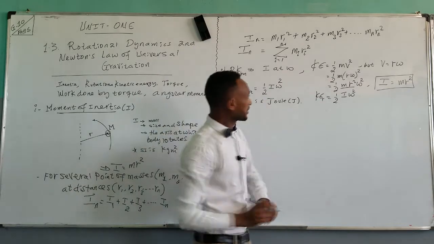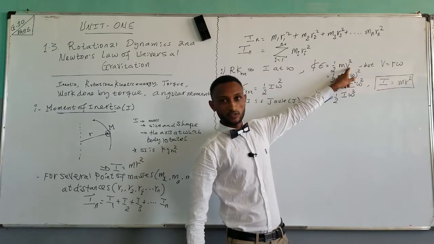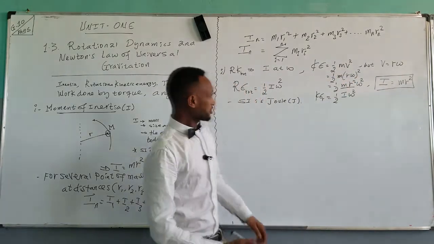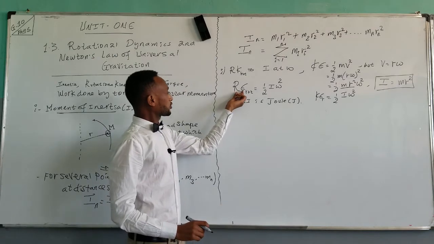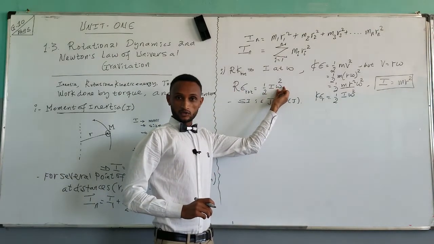In linear motion, you know that the kinetic energy of a body depends on the speed or velocity of the body, and in rotational dynamics also, the rotational kinetic energy depends on the angular velocity of the object.